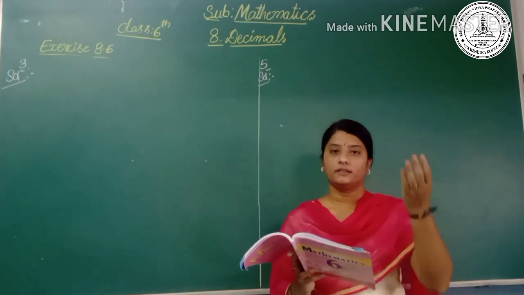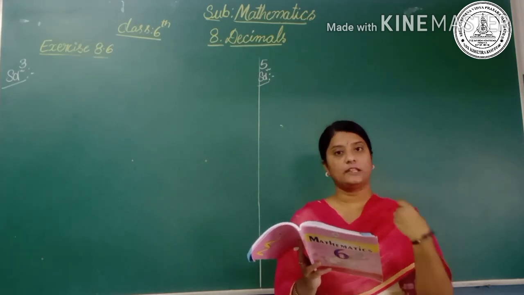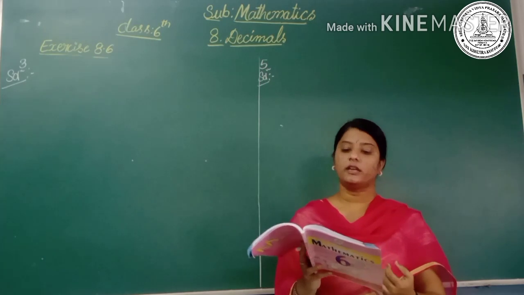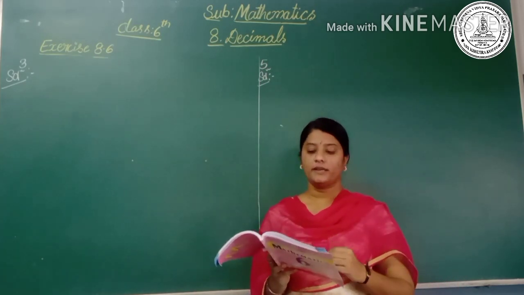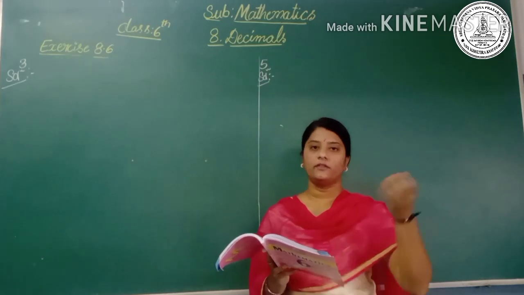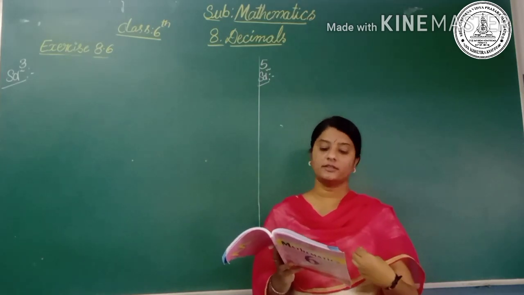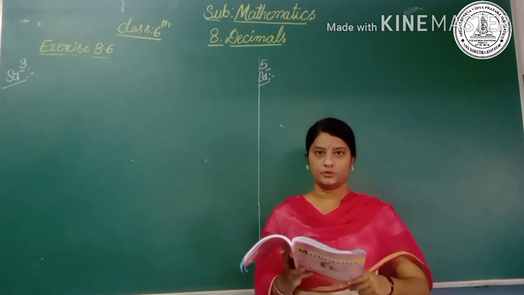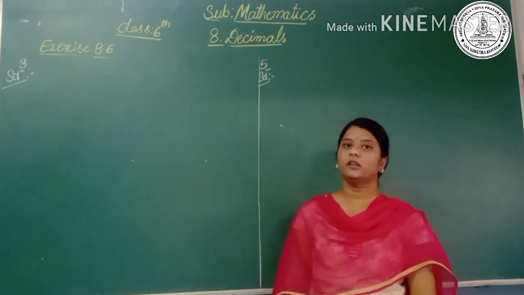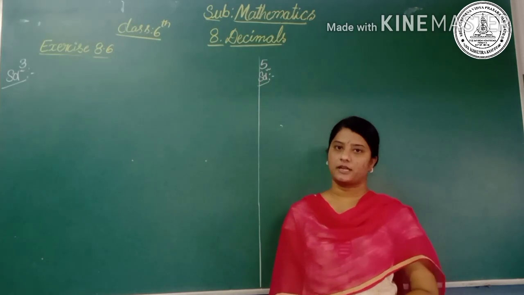How much money will the shopkeeper give back? So what do we have to do here? We have to subtract, right? The shopkeeper will keep the 35.65 rupees and give the remaining amount to Raju. So we have to do the subtraction.